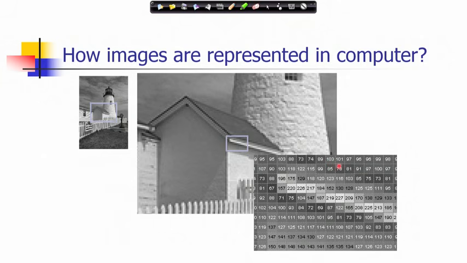Those values are shown here by the numbers in those squares. So, finally, as you can see, at the very bottom level of representation, every point has a number, and that number represents the brightness value at that particular point.